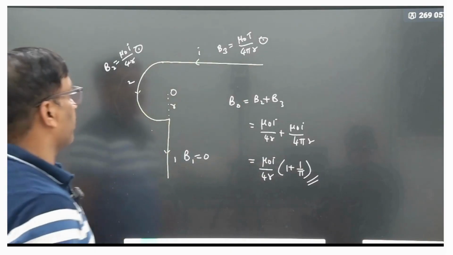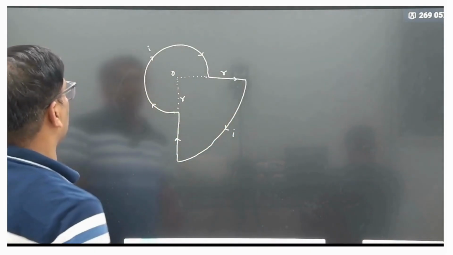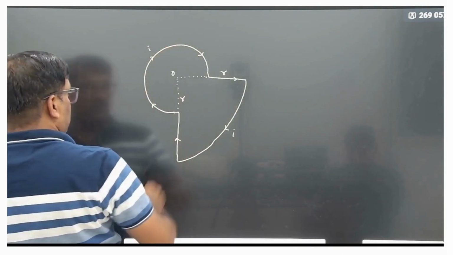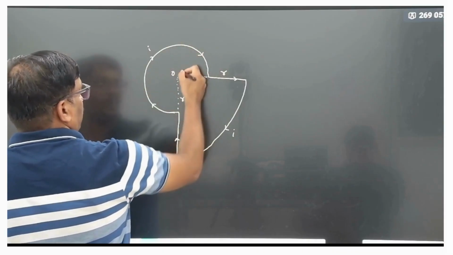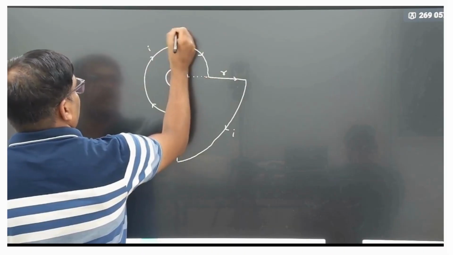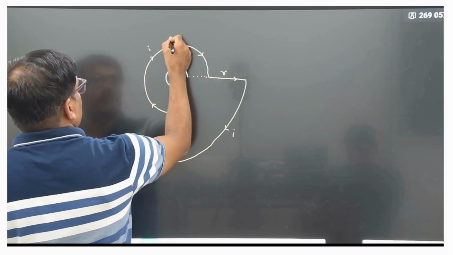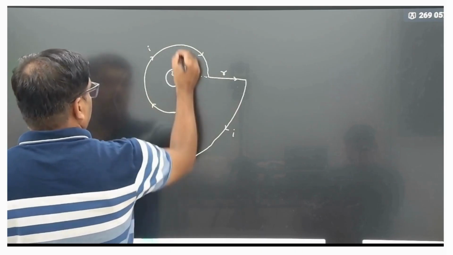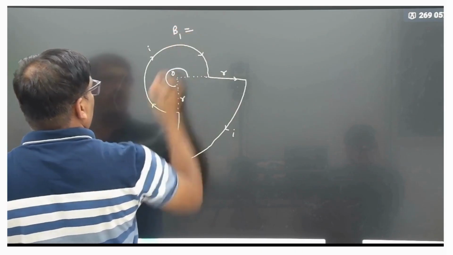Clear? Right. Next one. Okay. So here 3 parts are there. Therefore, this will be about 270 degrees. Let us take this one as the first part. Therefore, B1, how much now?